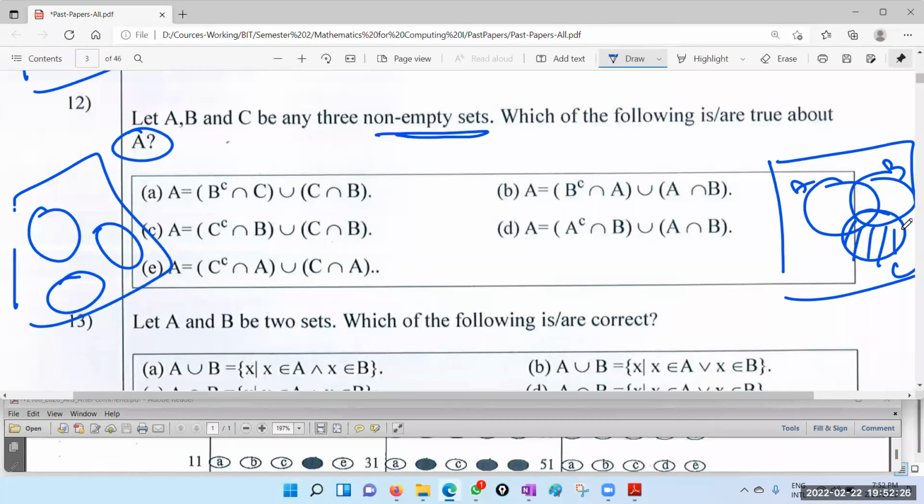Not belong to B, but belong to C, union B intersection C. B intersection C is this area, so that is basically C. So we can't say that that is A. So this is wrong. What about this?